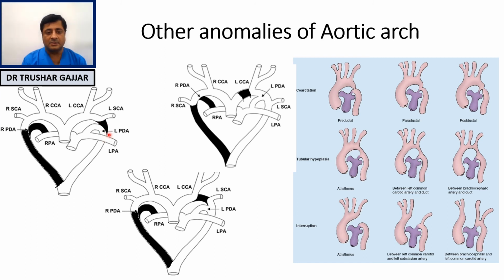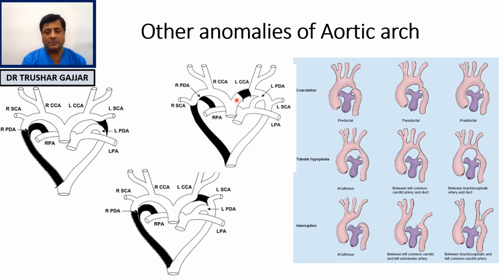This will lead to the formation of coarctation or the interrupted aortic arch type 1. If it is totally discontinuous, then it is interruption, and if there is a narrowing, it will lead to the formation of coarctation. So this is juxtaductal coarctation.